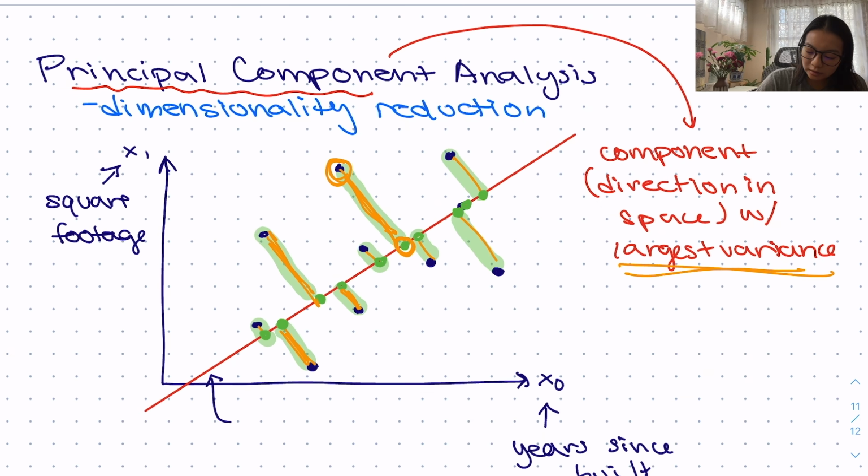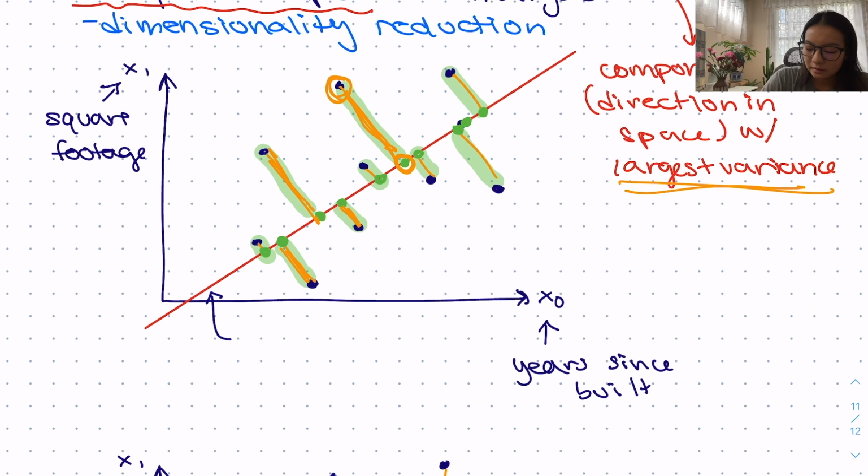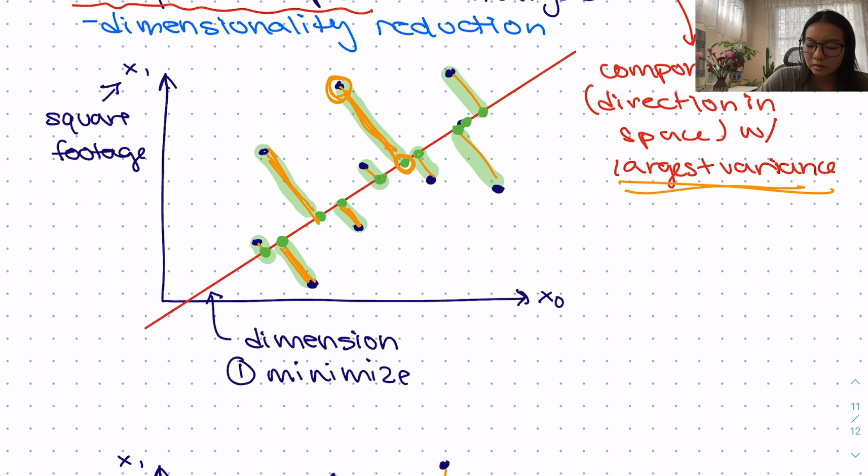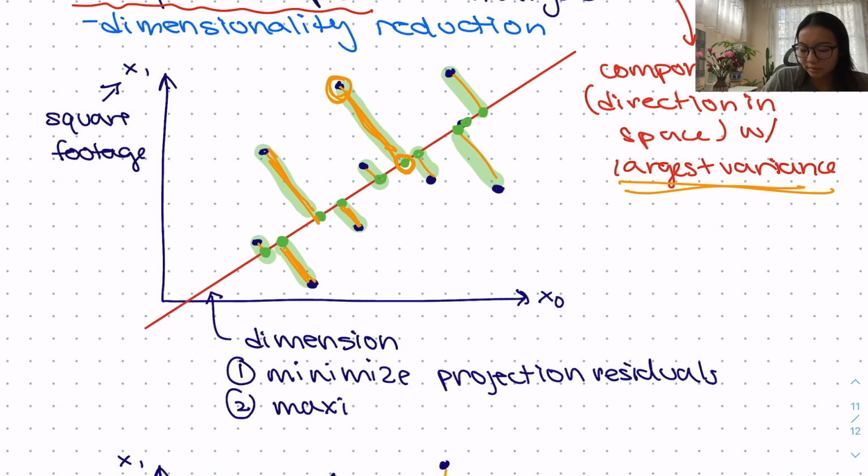This dimension here, the PCA dimension, you can either look at it as one, minimizing the projection residuals, so that's the stuff in orange, or two, maximizing the variance between the points.